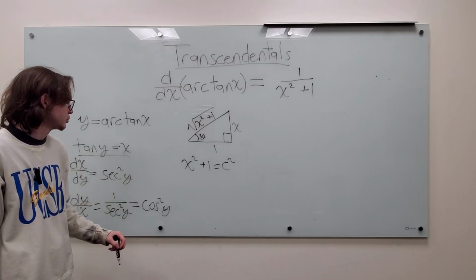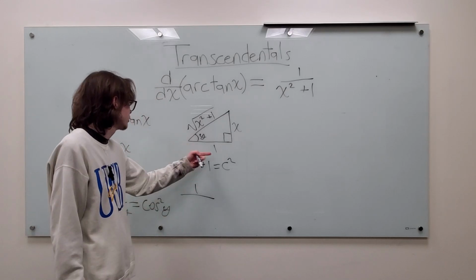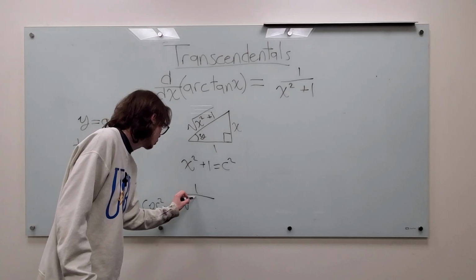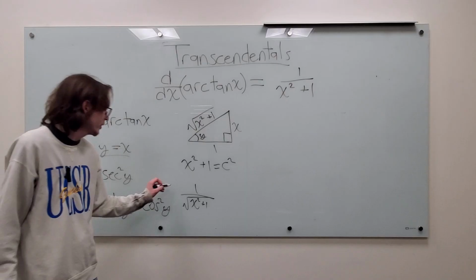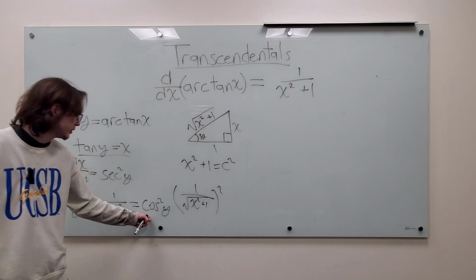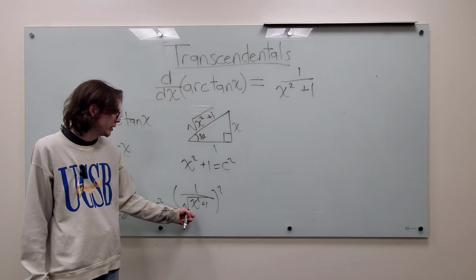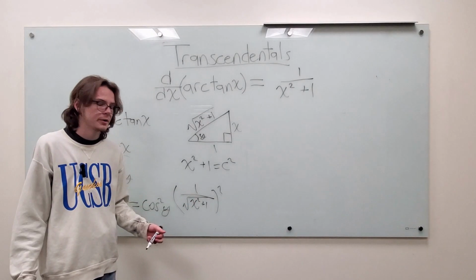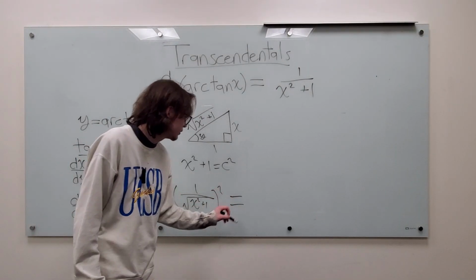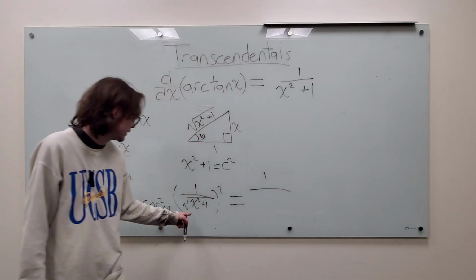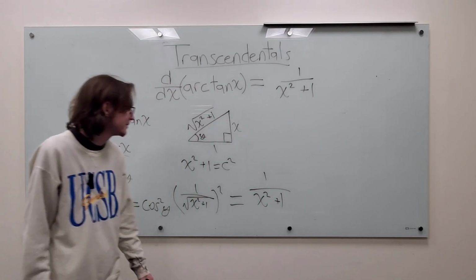All right, so cosine is just going to be 1 over the square root of x squared plus 1. But if we square it, cosine squared, then we've got 1 squared on top, which is just 1, and the square root of x squared plus 1 all squared on bottom. Well, since we're squaring a square root, those are just going to cancel out. And it will leave us with 1 over whatever is left underneath the radical, x squared plus 1.